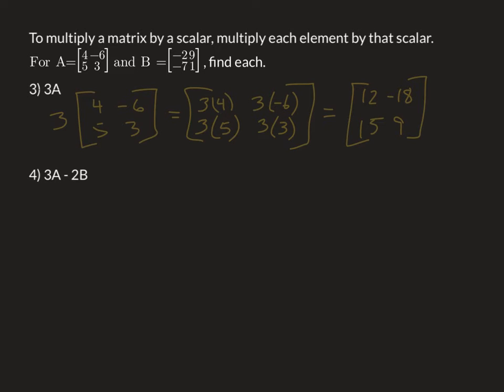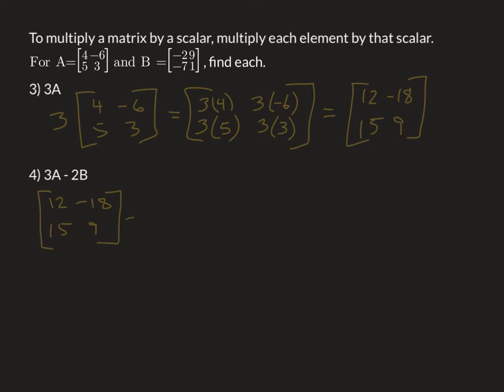Now in number 4, we have 2 different scalars, and we're doing some subtraction between our matrices as well. Now we already know what 3A is. 3A we calculated above. That's going to be the top row 12, -18, and the bottom row 15, 9.